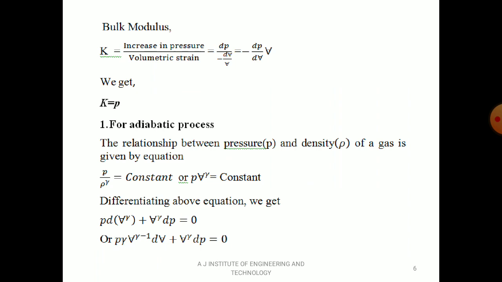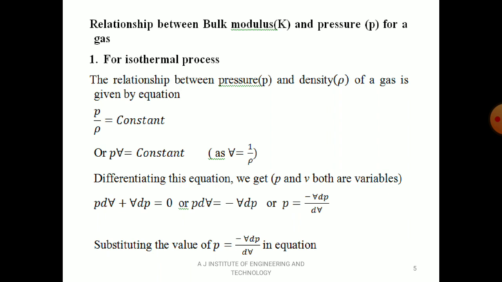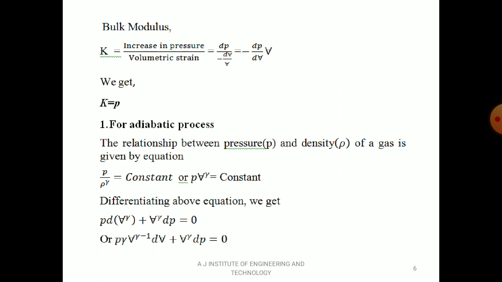Now minus V dP divided by dV is P. So K equals P, that is, bulk modulus equals pressure. That's the expression for the isothermal process. So you can directly substitute K equal to P if they ask for the value of bulk modulus for an isothermal process.